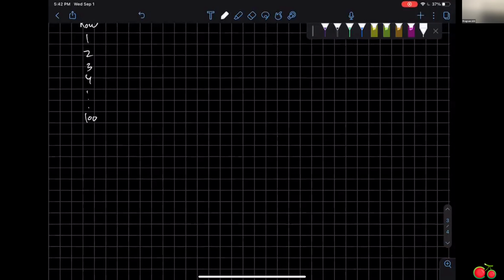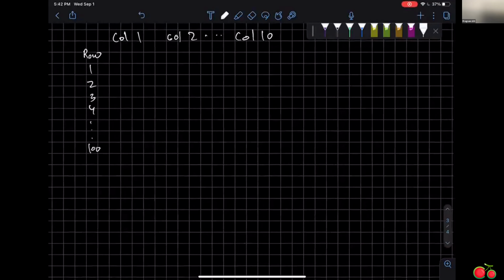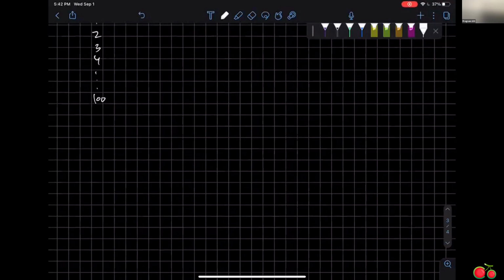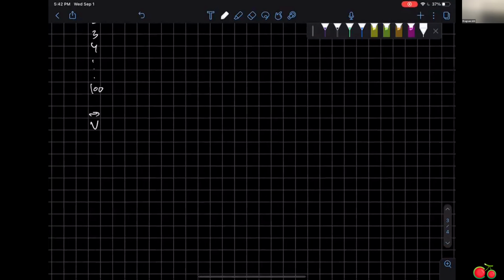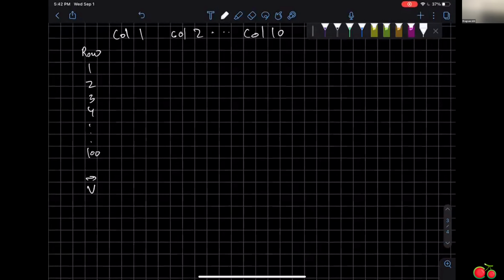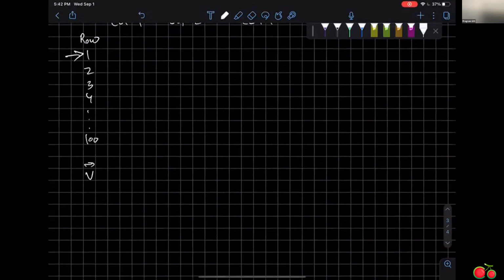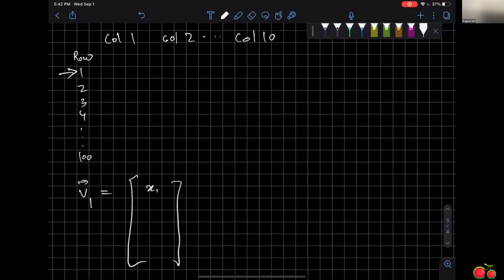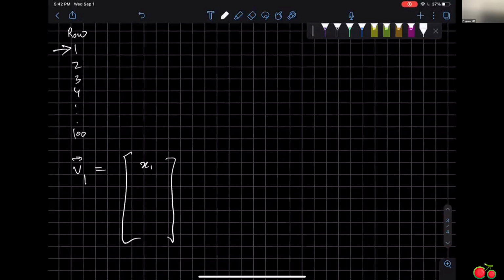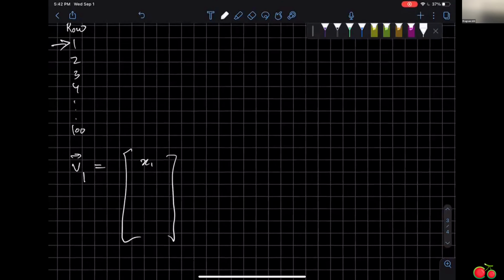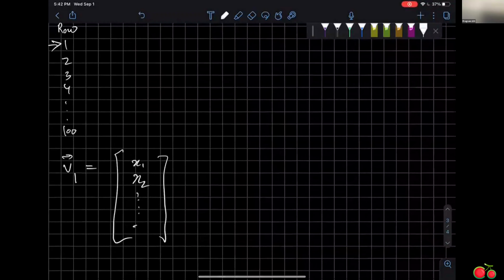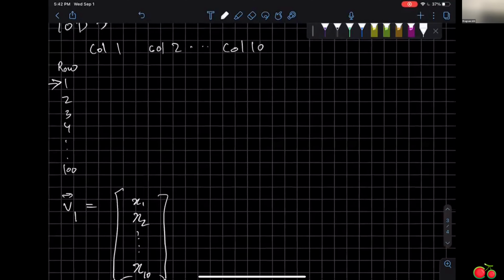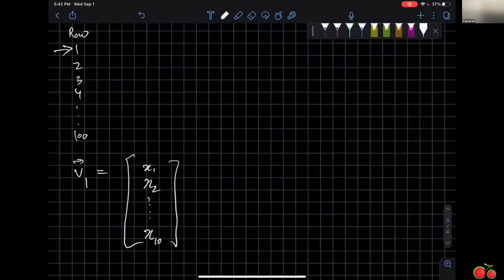Each point in that 10-dimensional space is a vector. The first row of data is essentially, in this notation, x1, x2, all the way till x10.